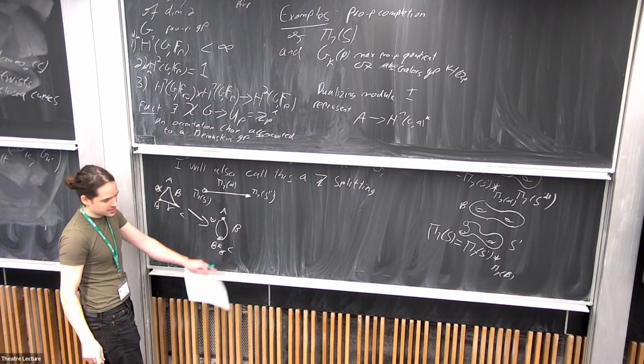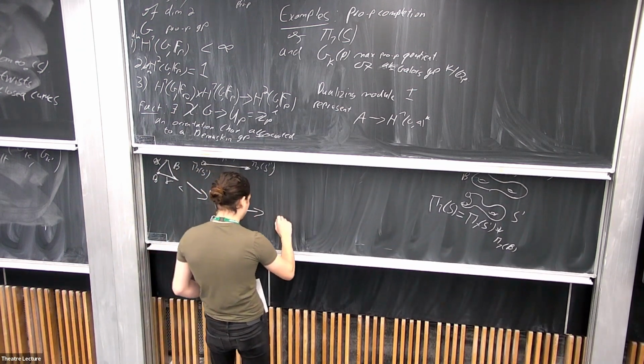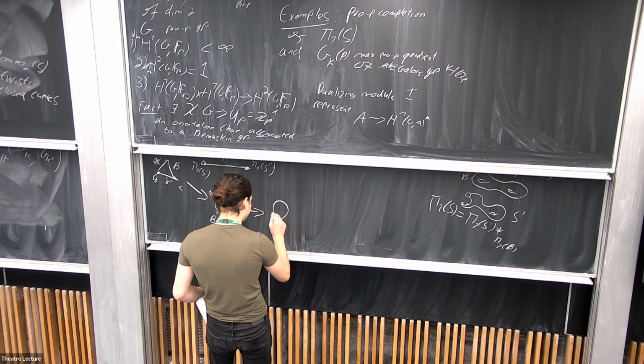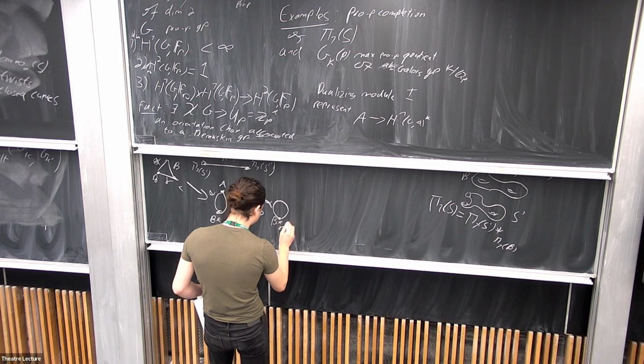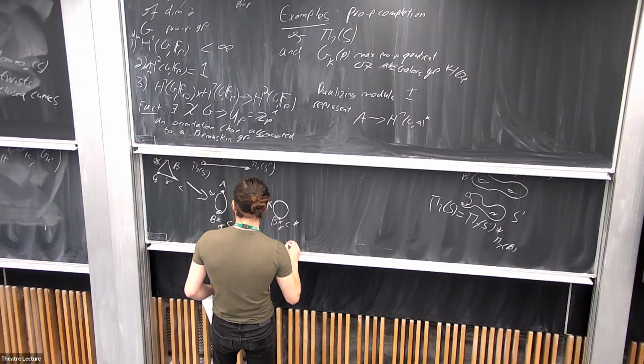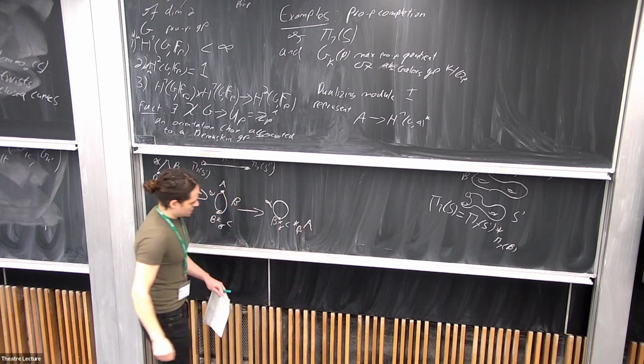Here I collapse again, and I would get B amalgamated over gamma with C, amalgamated over beta with A.